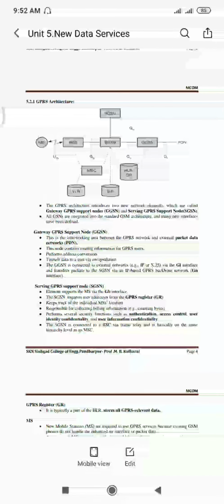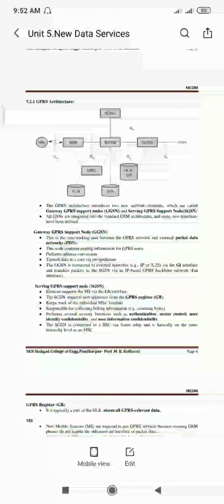This is the most important point from the university exam point of view. This question was asked many times for 8 marks: explain GPRS architecture.